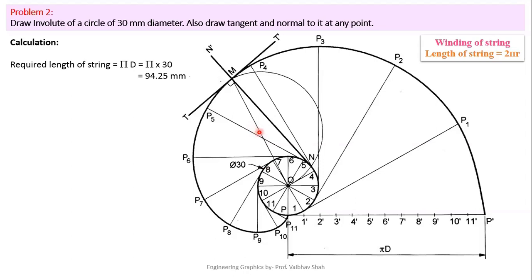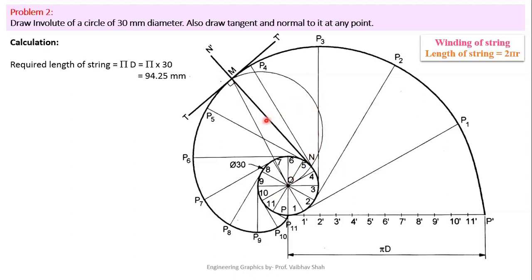After getting this midpoint, the next task is very simple. Taking that point as a center and the distance from that point to point M as a radius, you will draw a semicircle. But wait, there are two possibilities. If this point is your circle's center, then you can either draw the semicircle on the left hand side like this, or you have the possibility to draw your semicircle on the right hand side of the line like this.